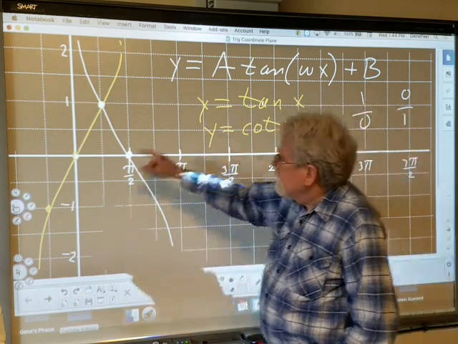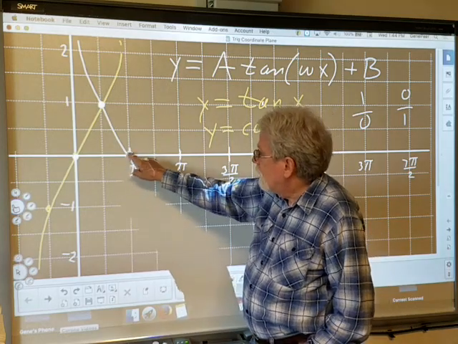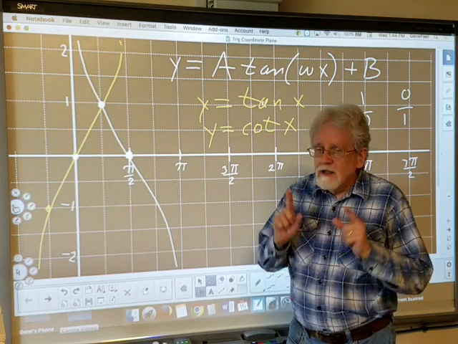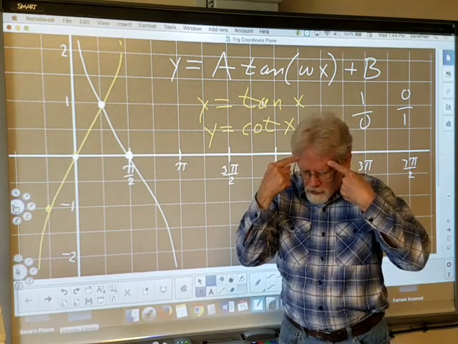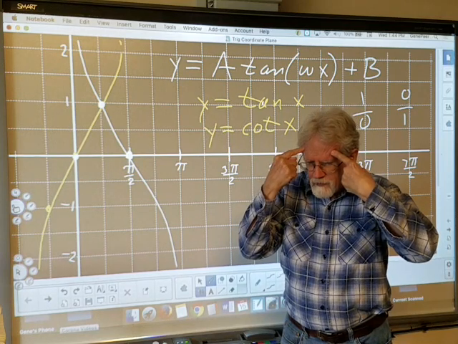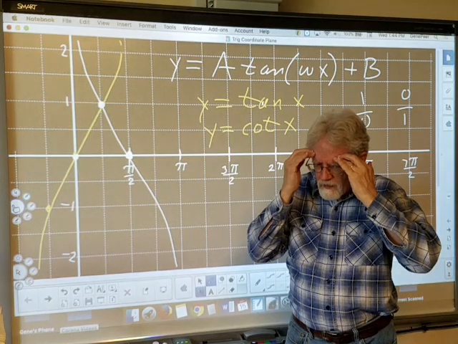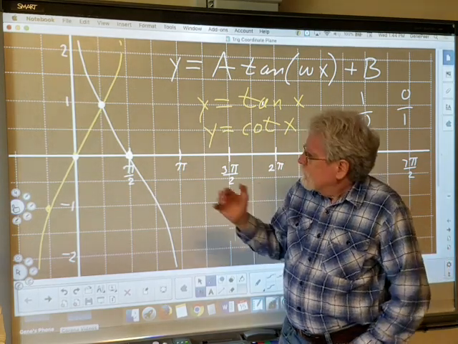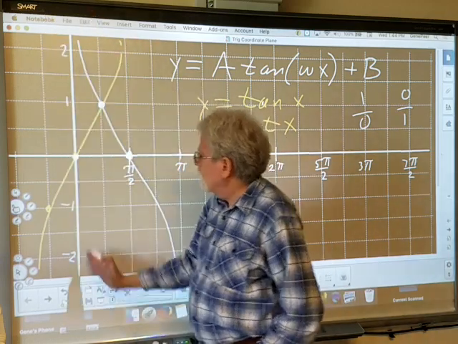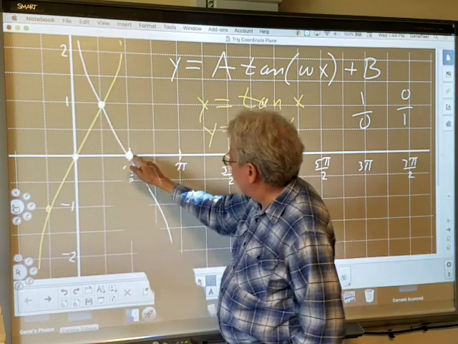And instead of passing through 0, 0, it passes through pi over 2. So if you remember this, and you know what tangent looks like, then you might just lightly sketch in tangent first. Then remember, for tangent, what was a 0 becomes an asymptote, and what was an asymptote becomes a 0.